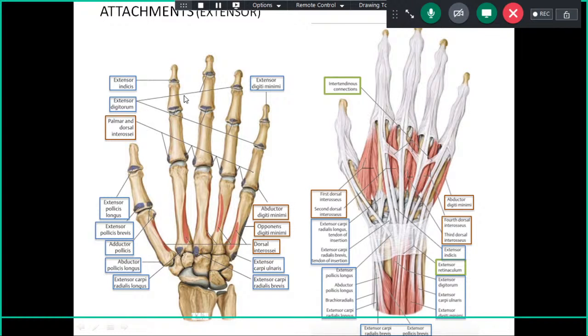We have the extensor digitorum attaching over to the proximal and the distal interphalangeal joints, except in the little finger, where we have the attachment of the extensor digiti minimi. We have the extensor carpi radialis longus attaching on the base of the second metacarpal, extensor carpi radialis brevis on the base of the third metacarpal, extensor carpi ulnaris on the base of the fifth metacarpal, and so forth.